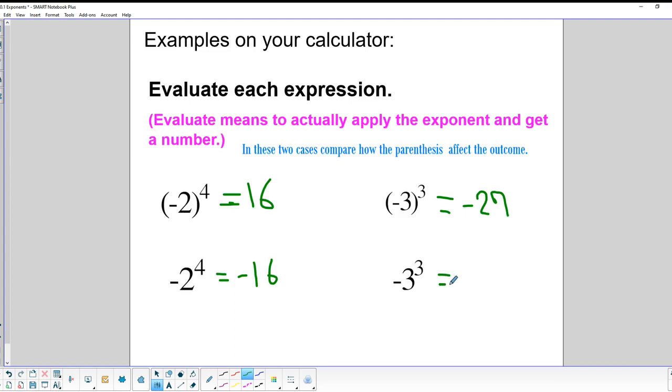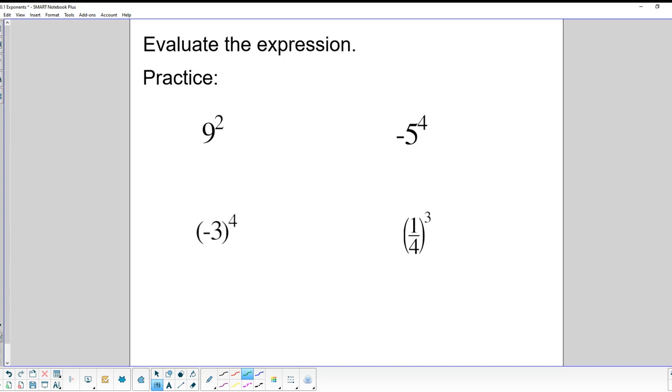Well, it turns out that it is also negative 27. So some interesting results. When you're going to evaluate these, make sure you use the parentheses if they're in there, or if they're not, enter them on your calculator correctly so that you can get the accurate and correct results. Okay, so here are a few more that you can do if you'd like.